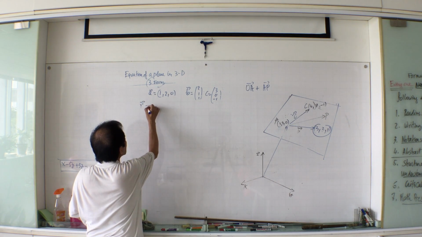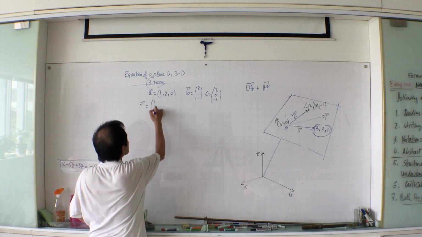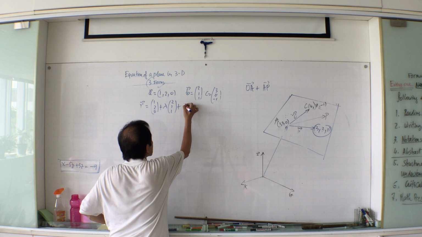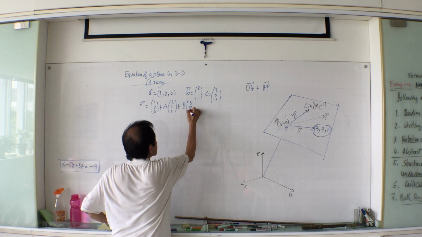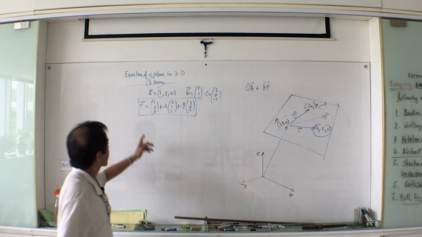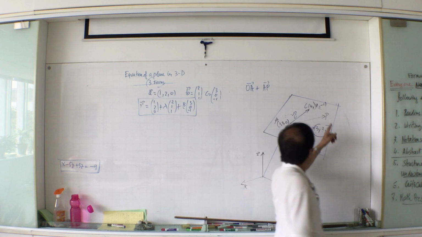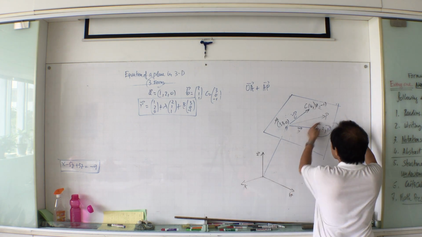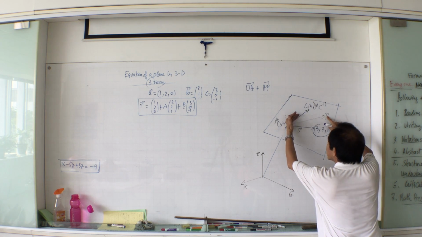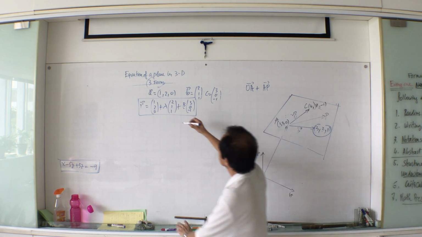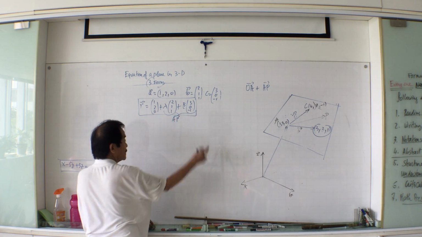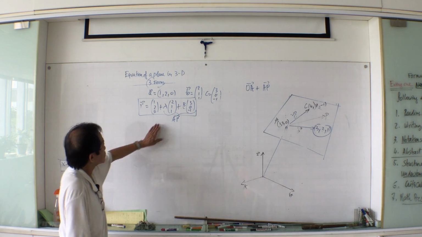Vector R equals (1, 2, 0) plus lambda (2, 1, 1) plus beta (3, 0, -1). This is the vector form of the plane, because R means vector OP. OP equals vector A plus vector AP, and vector AP is a combination of C and B. Make sure you understand that.